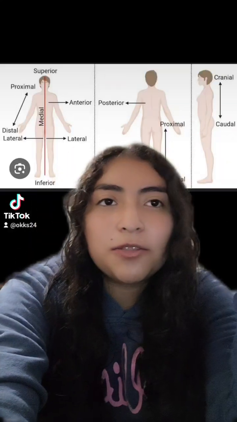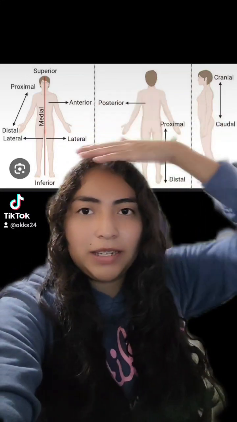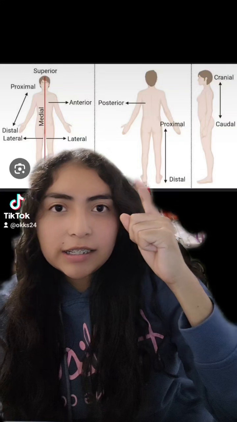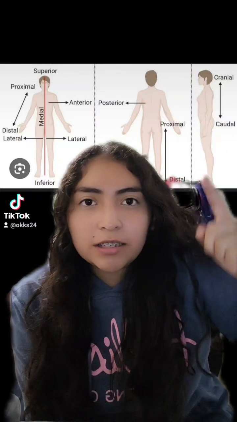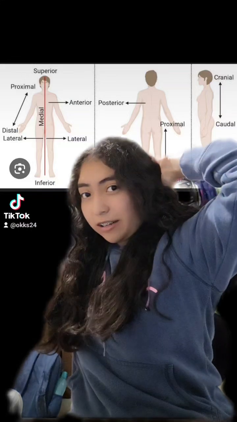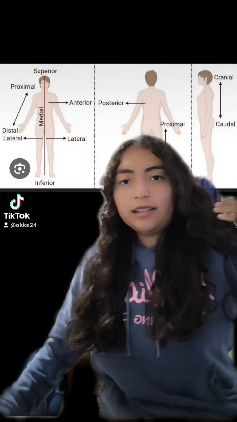Then in this image we can see the directional terms. Here in this part being the superior, and this would be the posterior. Then here the dorsal. This part over here is the cranial, and the caudal.